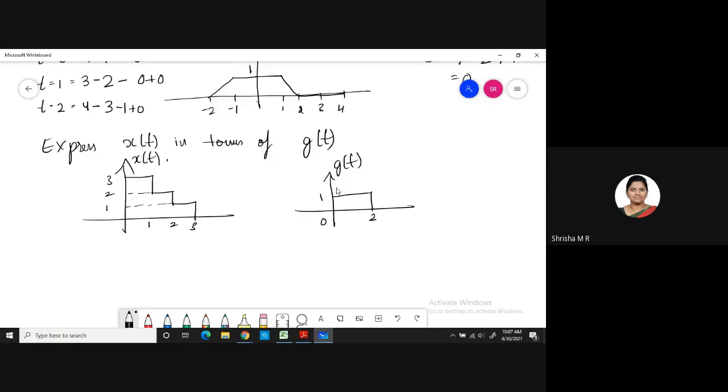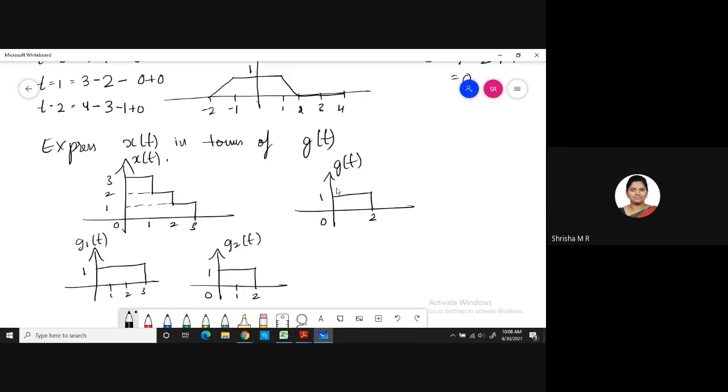I will slice this x of t horizontally, so that I'll get g1 of t, that is existing from 0 to 3 with an amplitude 1. Then I'll get g2 of t, which is existing from 0 to 2, correct?